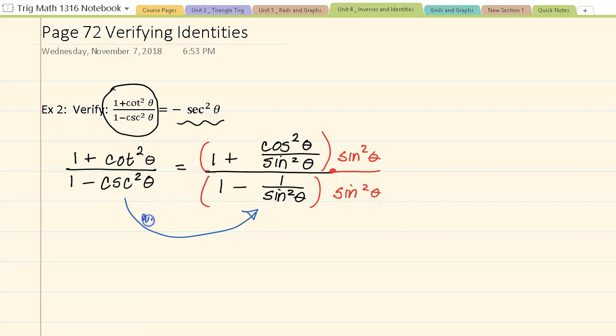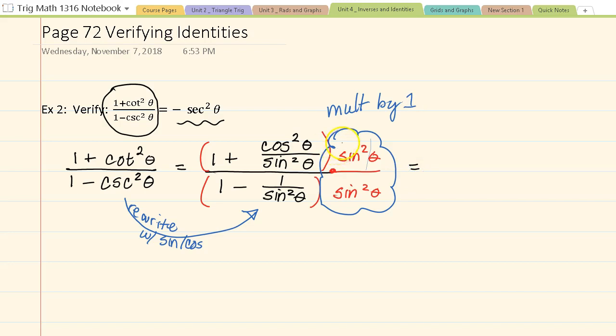So we just rewrote it with sine and cosine. And then what we did here is we're multiplying by a magical 1. I call it magical because it changes based on the scenario.